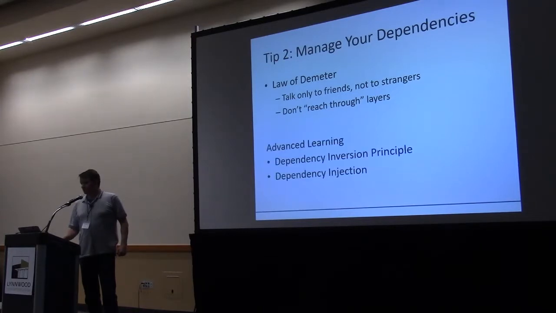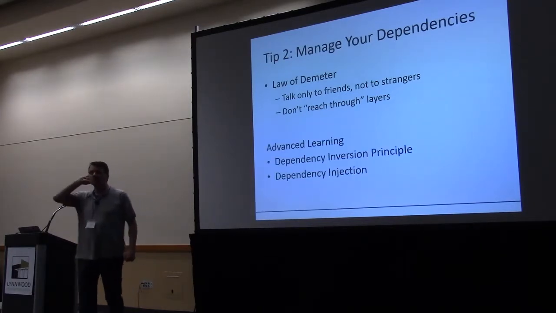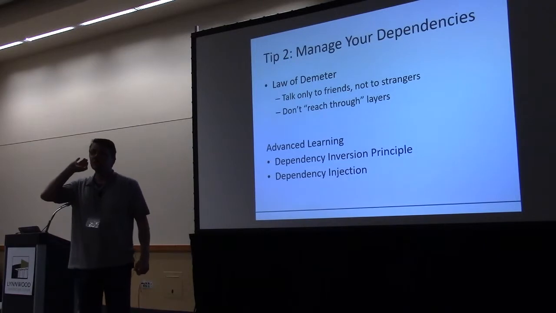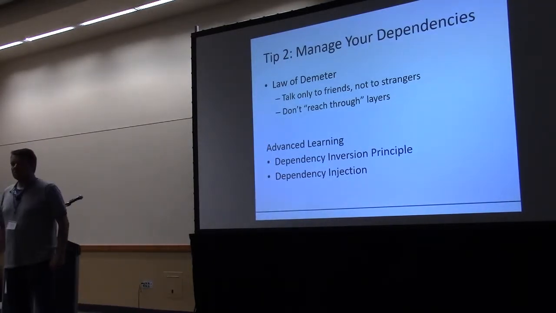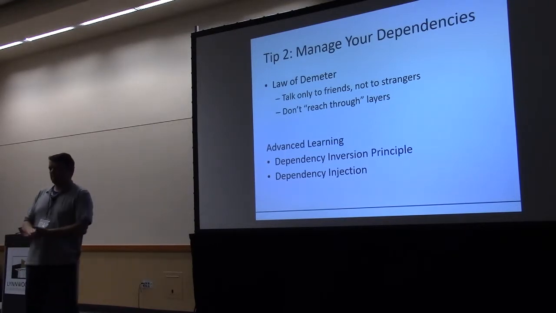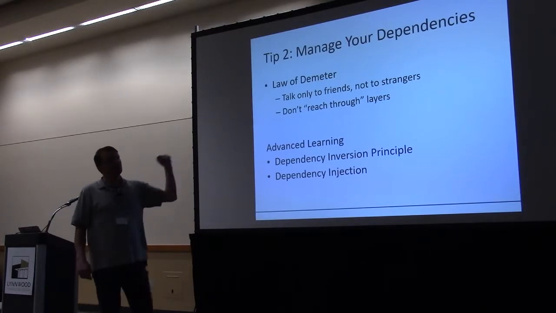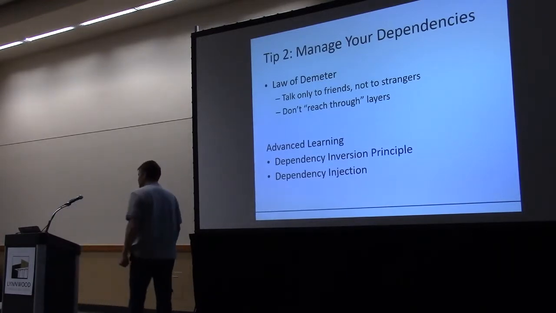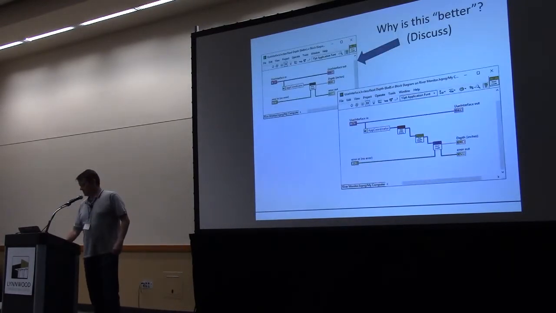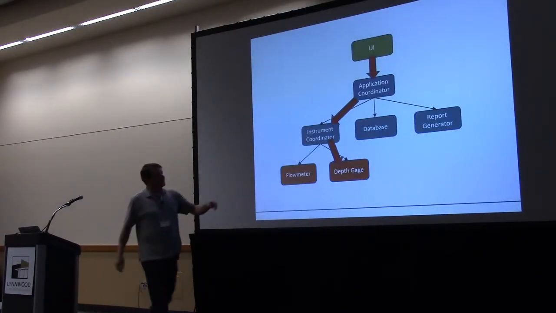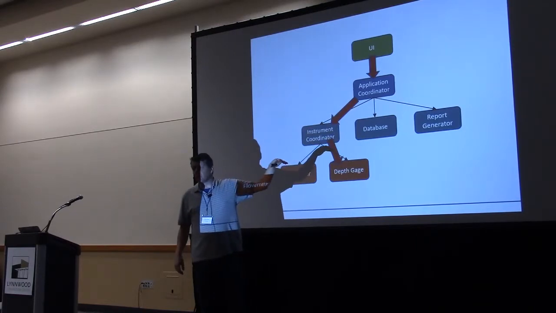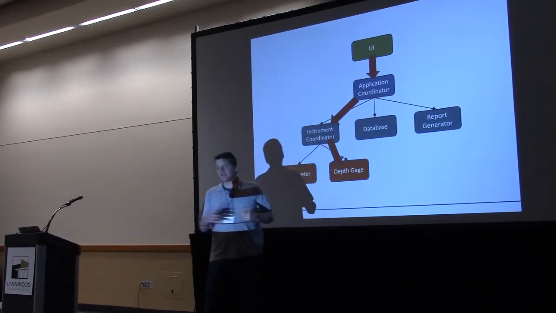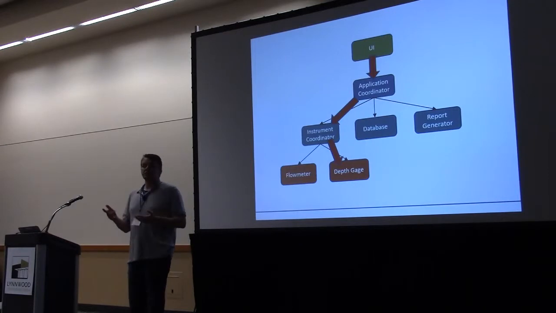Seems like it'd be easier to reuse. I'm sorry? Reuse would be easier with what you suggest, because it's at a lower level, rather than at three levels, if you want. Yeah, you certainly could. The first way, it actually wouldn't. Let me go back here. In this way, you can certainly grab any level and the stuff below it, and just grab that and take it out and move it somewhere else if you wanted to.